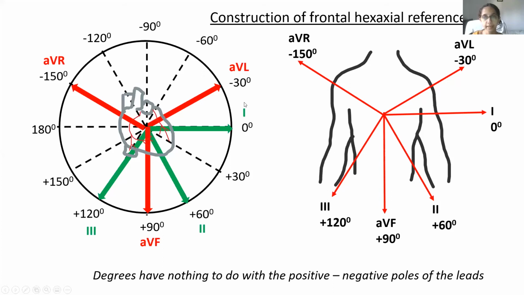However, we can see here that lead 1 and AVF are at 90 degrees. Similarly, lead 2 and AVL are at 90 degrees. And similarly, lead AVR and lead 3 are at 90 degrees. This concept, we will use it while determining the axis.